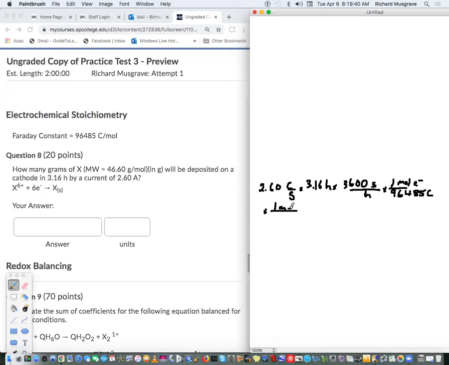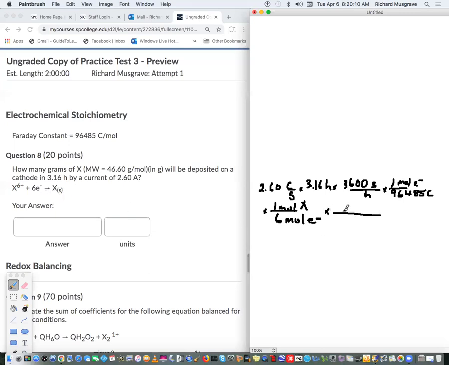It's 1 mole of X solid divided by 6 moles of electrons. Now I get that from the equation that we're given here. 6 moles of electrons produces 1 mole of X solid.